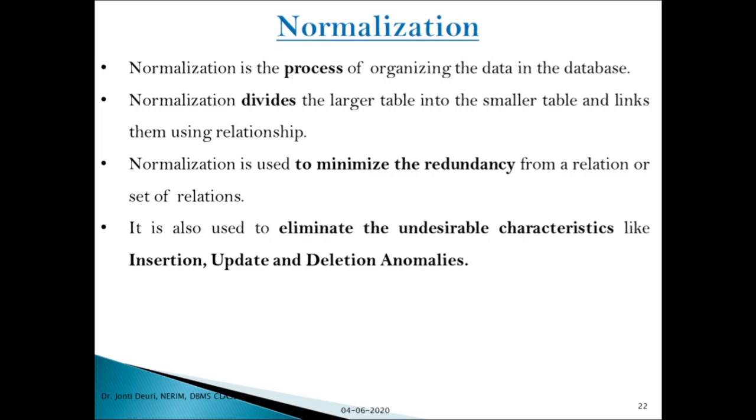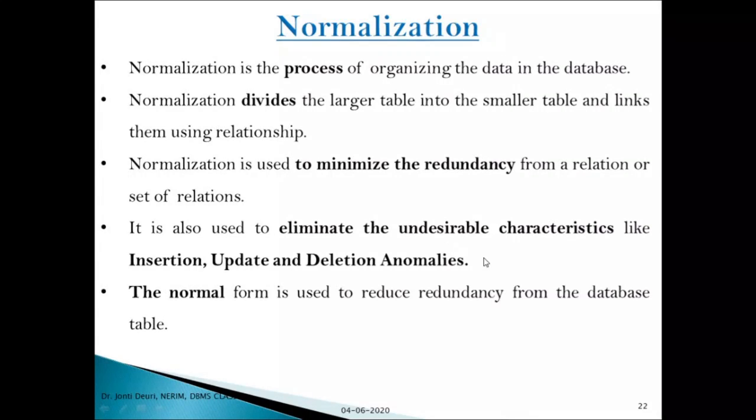Anomalies means some problems, and we don't want those problems. To eliminate that type of problems, we need normalization. So we'll discuss insertion, deletion, and updation anomalies, that is, the problems.